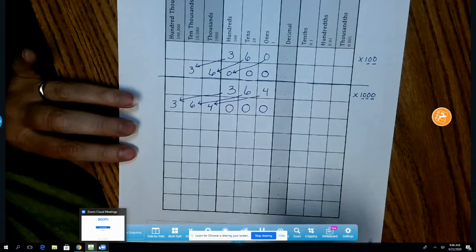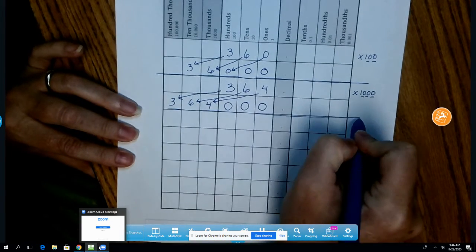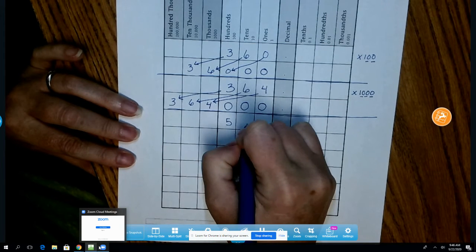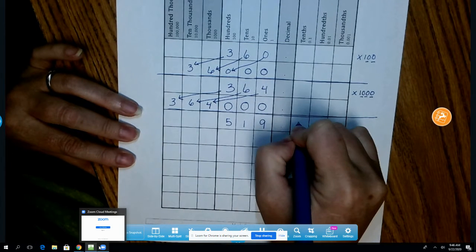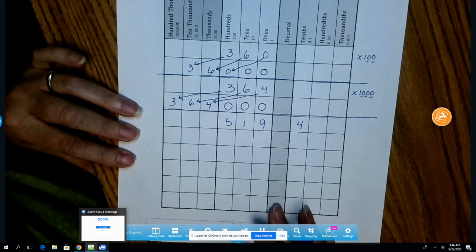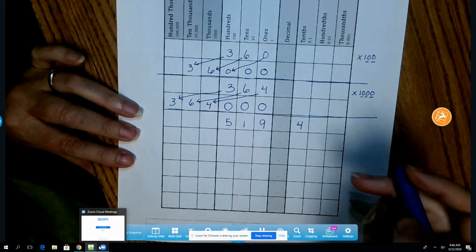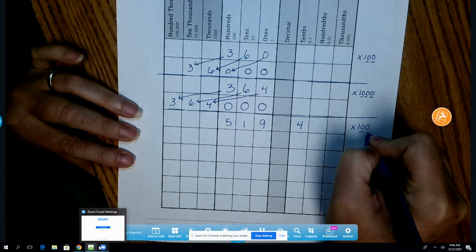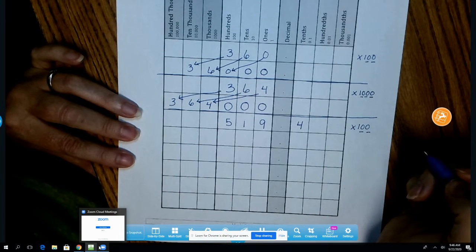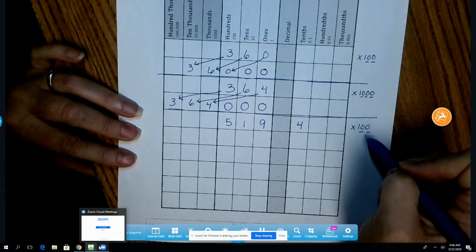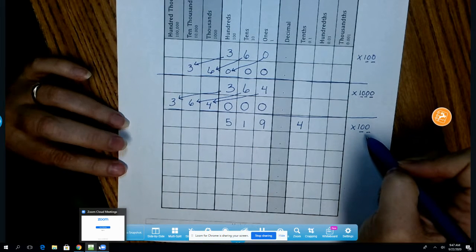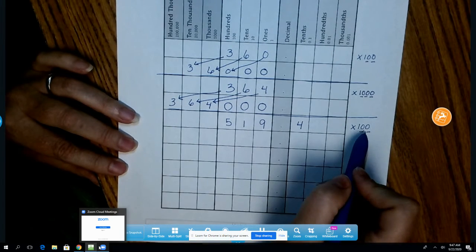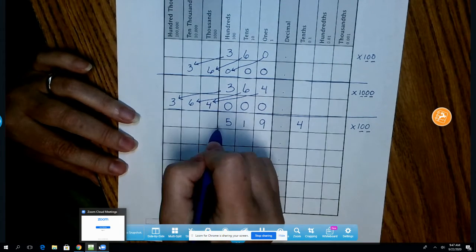Let's try one with a decimal. Let's try 519 and 4/10. And we're going to multiply it by 100. So I have 1, 2 zeros. Everything is getting larger, so I am moving place values to the left. And this tells me I'm moving 2 place values.